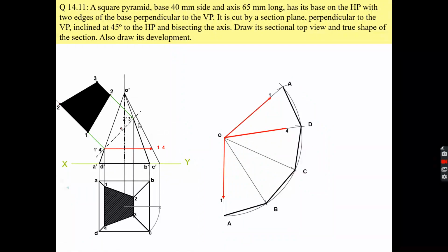I can mark these 2 points 2 and 3 on the true slant edge, and I can measure the distance of points 2 and 3 from here, and I can mark these points on OB and OC like this. After marking all the points, I will join them with the help of a straight line, and this is your development of a square pyramid after cutting it by a section plane.